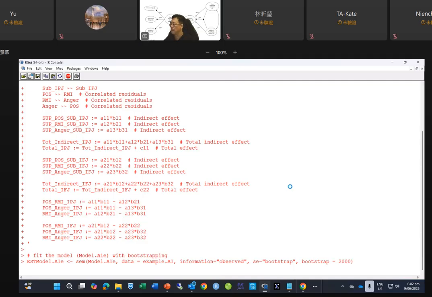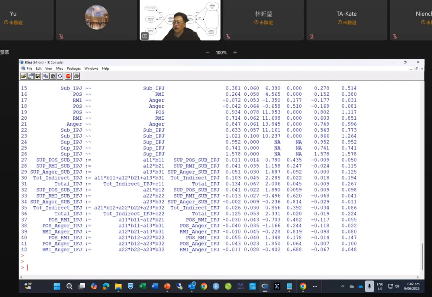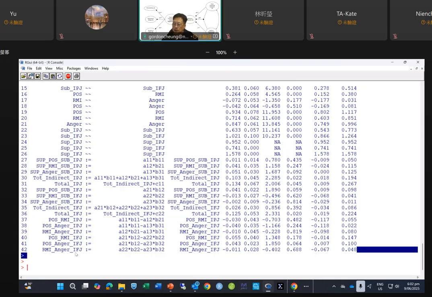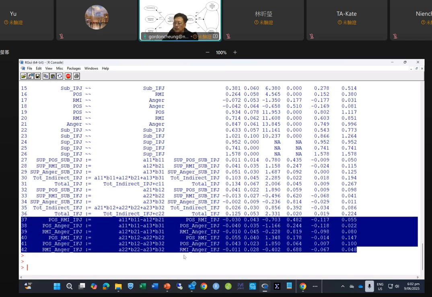Running. Okay, I got the result. So our concerns are the last 6 lines; these are the differences between the indirect effects. Only one is significant. This is for informational justice, the POS and anger.